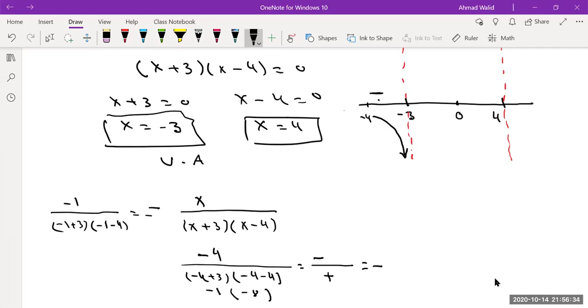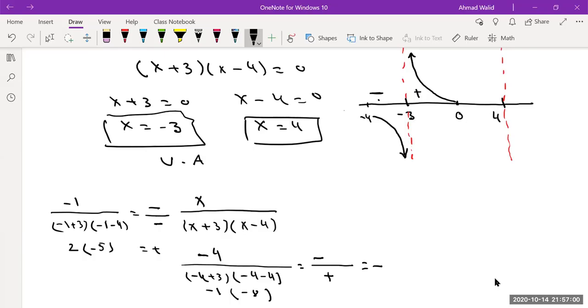Numerator, again, negative. Denominator: negative 1 plus 3 gives you positive 2, times negative 5. Positive times negative gives you negative, right? Negative over negative gives you what? Positive. It means here your function would like to go up to positive infinity, right?